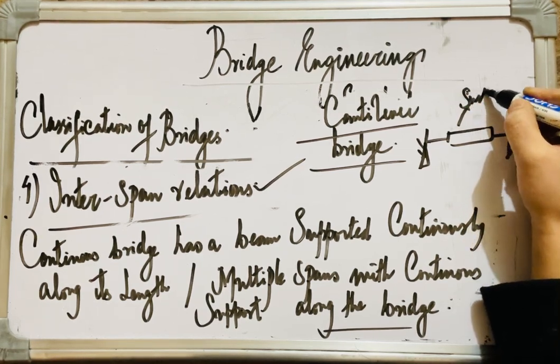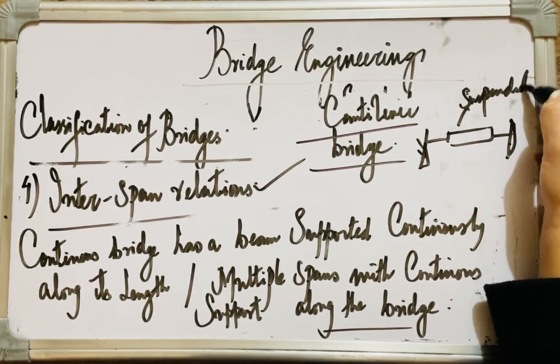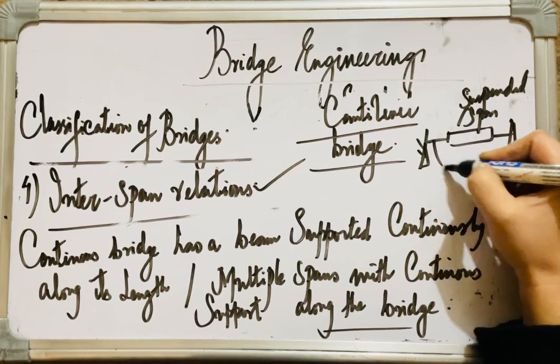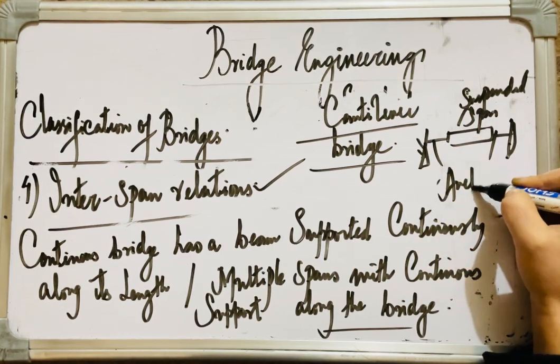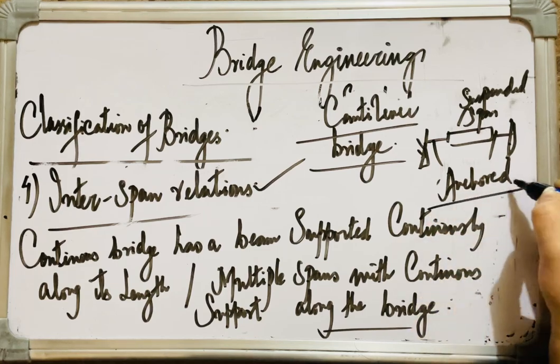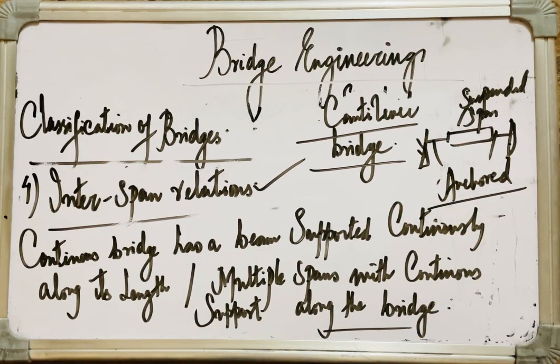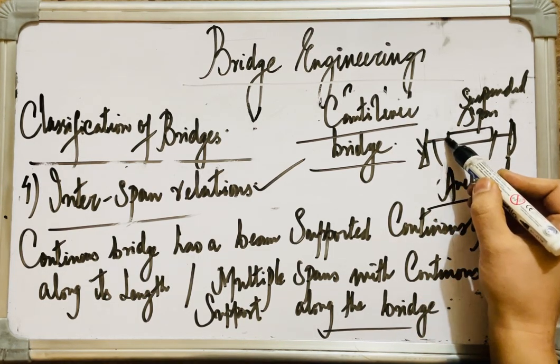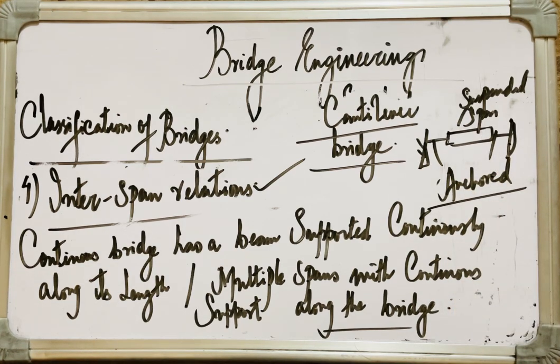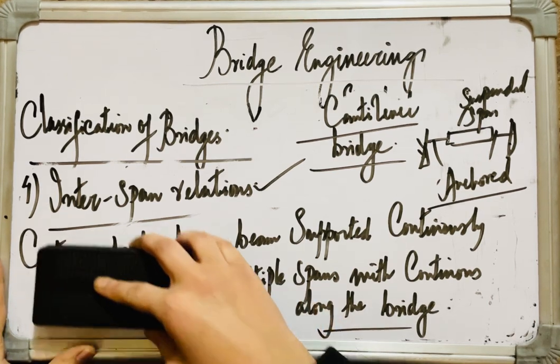This is the suspended span which rests on the two free ends of the cantilevers. These are the anchor spans which remain anchored down to the shore. Alright, and in addition to this, trusses can also be employed which can carry the load of the deck and transfer them to the supporting piers or abutments. So this was a classification based on the interspan relations, wherein we have simple bridges, continuous bridges and cantilever bridges.